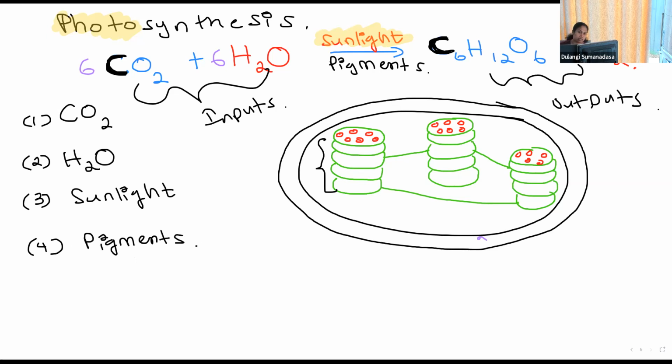Let's do pigments in detail. And then we're going to do a question, so listen carefully. Photosynthesis is quite tough, has lots and lots of stuff added, Rubisco and stuff, C3, C4 plants.